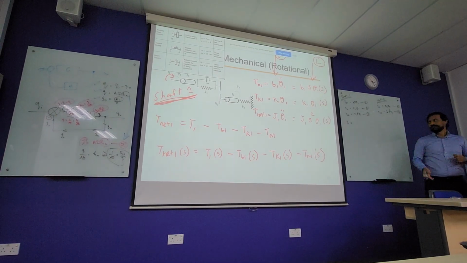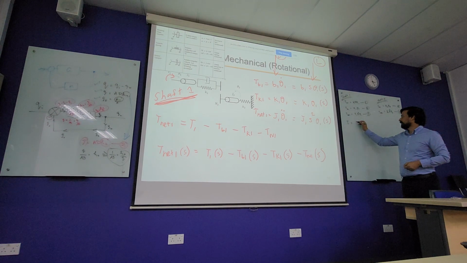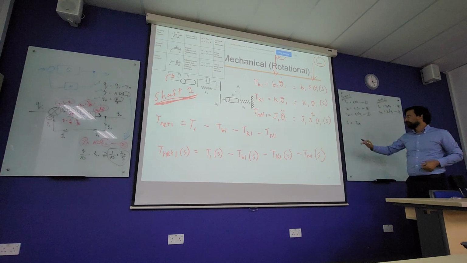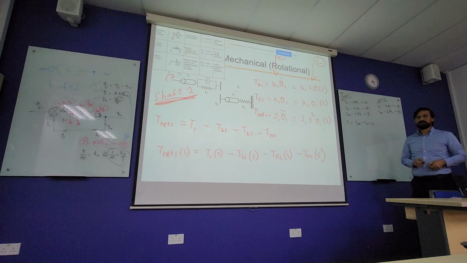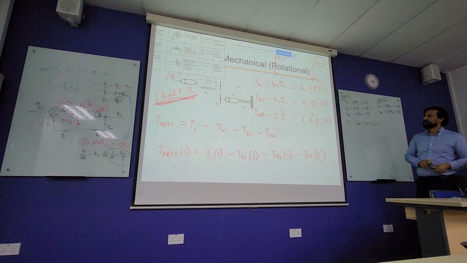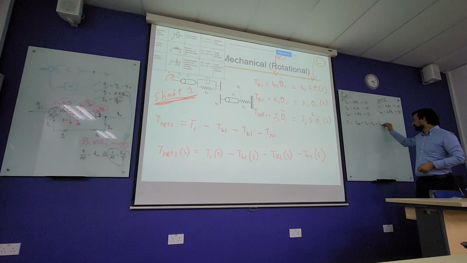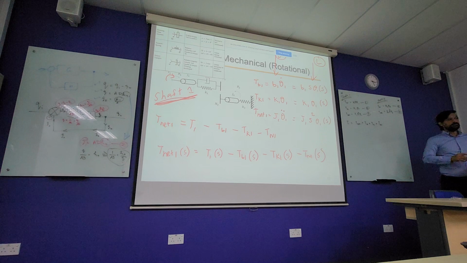I'm going to rotate. So as per the question, what components are there? First is the mass, J1. Then we have a damper, D1. Then we have K1, which is nothing but the spring. Then we have the gear torque, T N1.